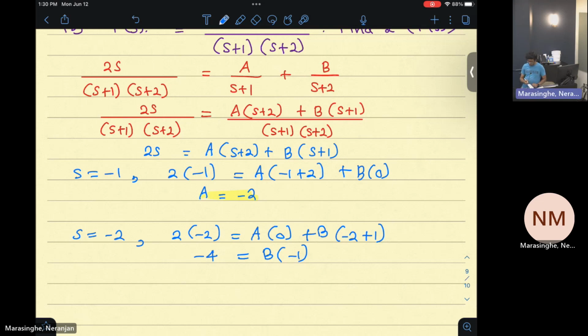So B would be equal to 4. Now I have the values of A and B. A is equal to -2 and B is equal to 4. Right?